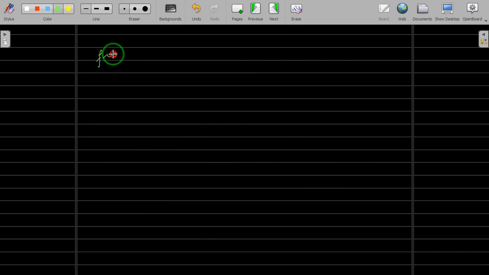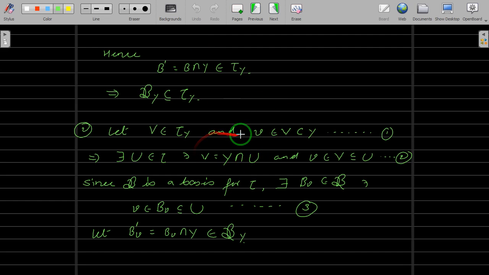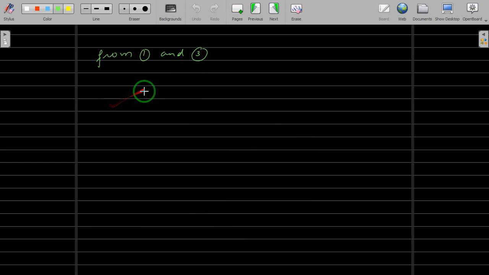From 1 and 3, V belongs to Y, and this V belongs to B_V.